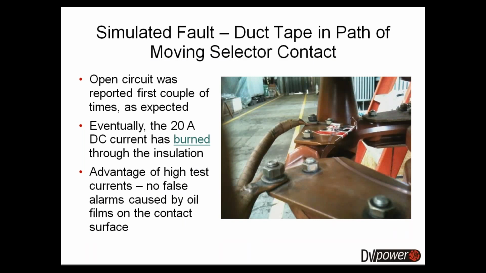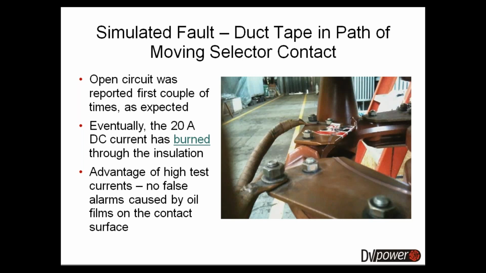And finally, one additional simulated fault is represented by the duct tape placed in the path of the moving selector contact. So this duct tape was placed in order to completely interrupt the circuit and to see what would happen in that case.